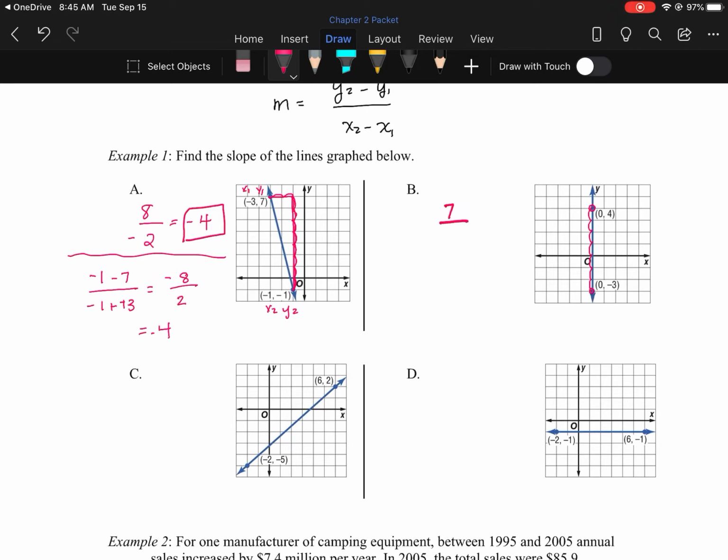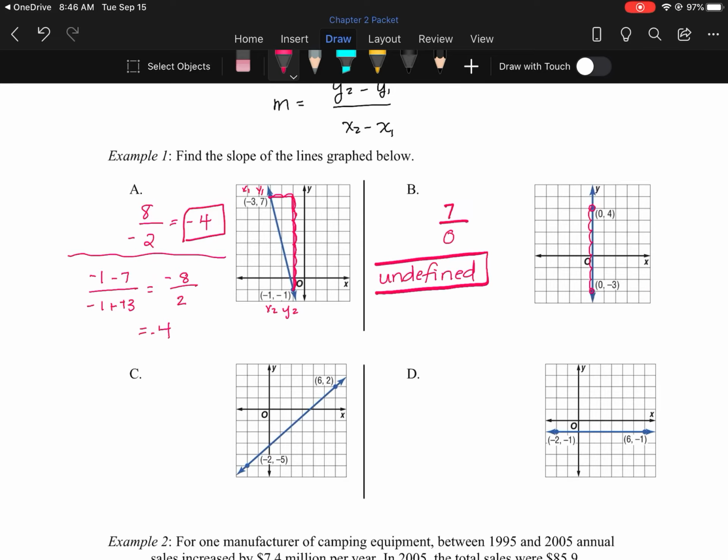The answer is no, so that's 0. Here's what we need to remember: if you divide by 0, it is undefined. You are no longer allowed to write no slope, because I don't know if you mean no as in 0 or no as in undefined. So you either need to write undefined or 0 as an answer.